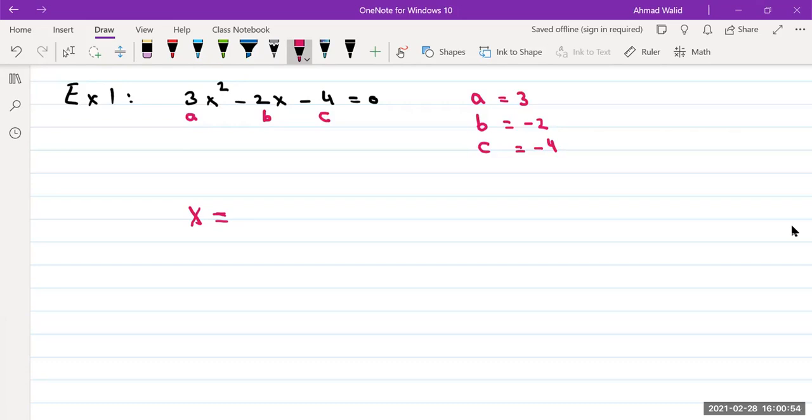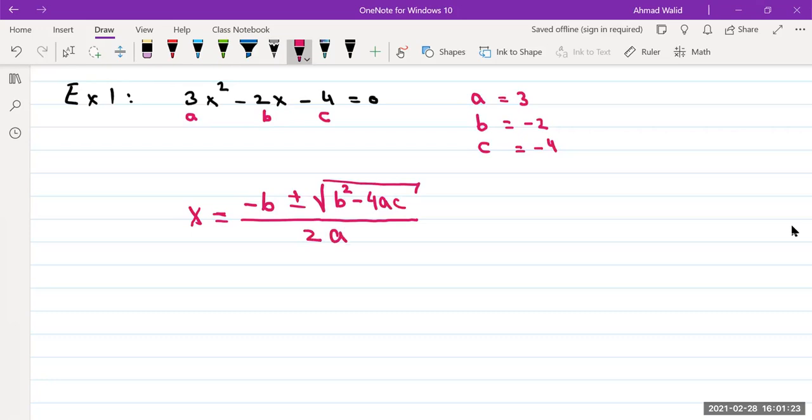You cannot do that. But if you write it a few times, believe me, it goes automatically. My formula was negative b plus minus square root of b squared minus 4ac over what? 2a.